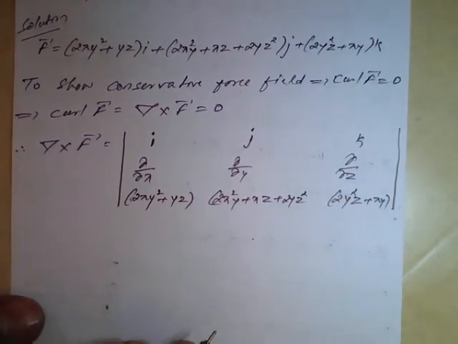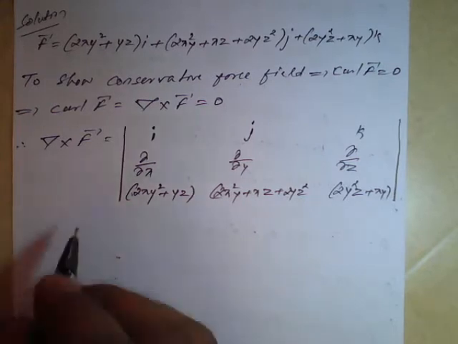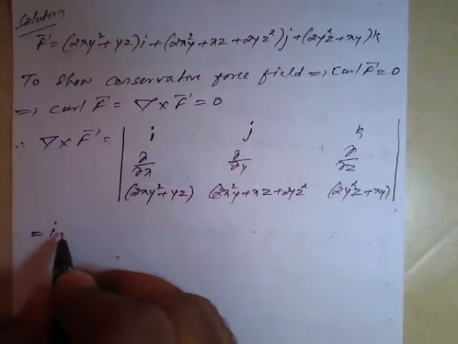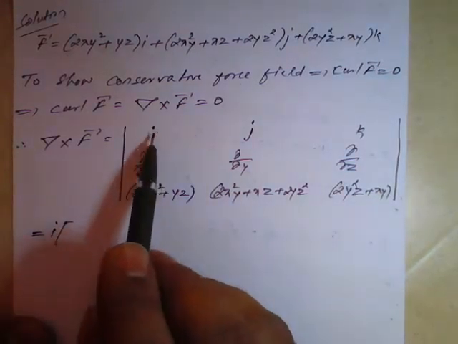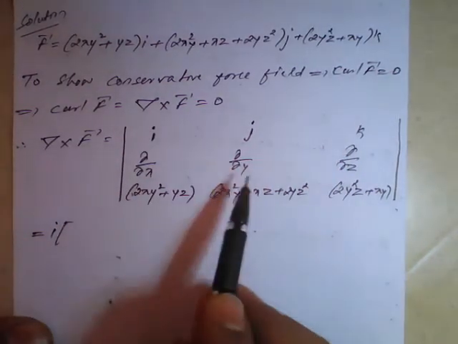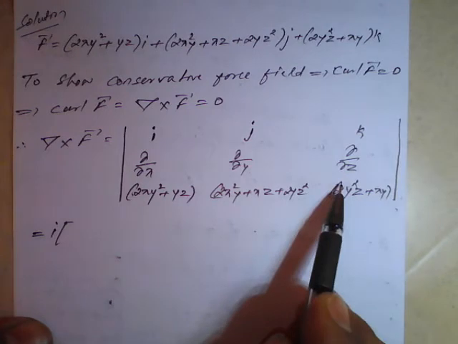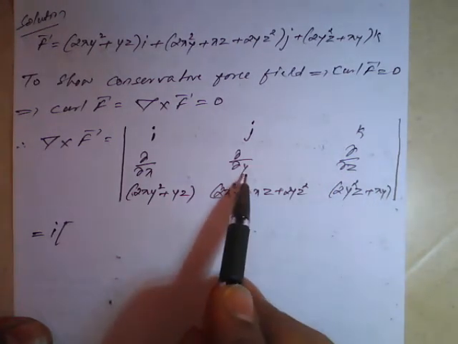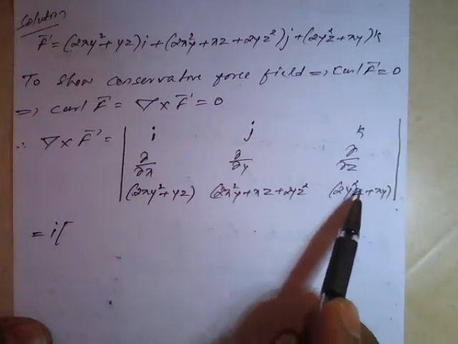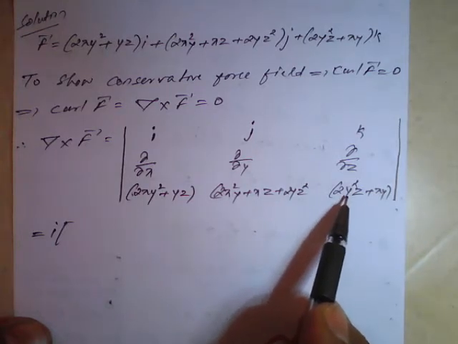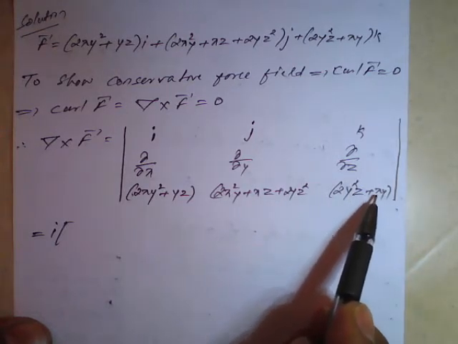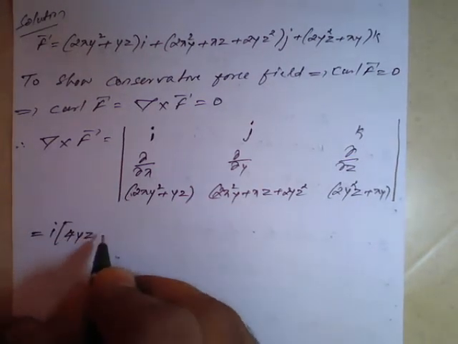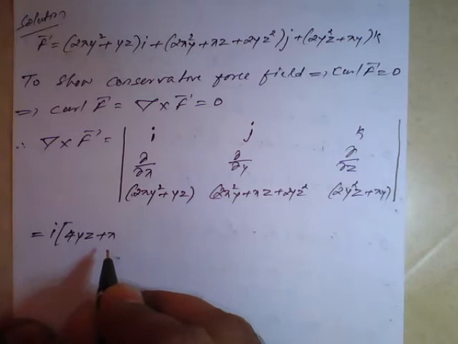Once we got this determinant, we need to simplify it. Simplification of a determinant, already you know, so we'll go ahead. That is i times, first column first row, dou by dou y of this bracket, means we have to differentiate the given bracket partially with respect to y. Partial differentiation of 2y²z + xy with respect to y is 4yz + x.